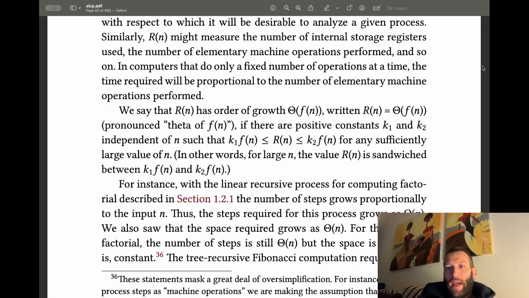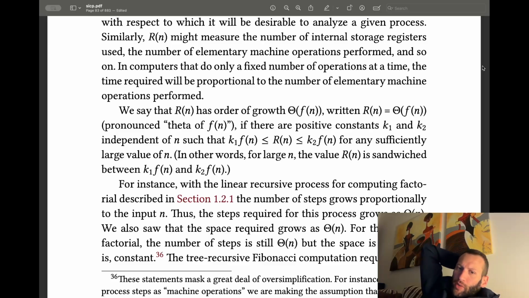Written R(n) = Θ(f(n)), pronounced theta of f(n), if there are positive constants k1 and k2 independent of n, such that k1 times f(n) is less than or equal to R(n), which is less than or equal to k2 times f(n), for any sufficiently large value of n.